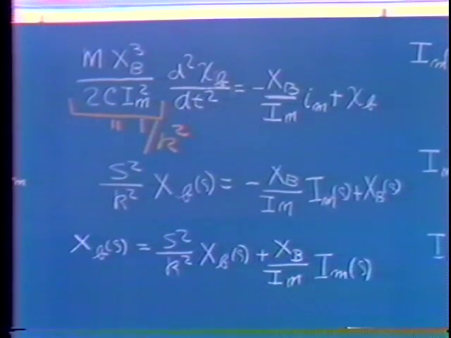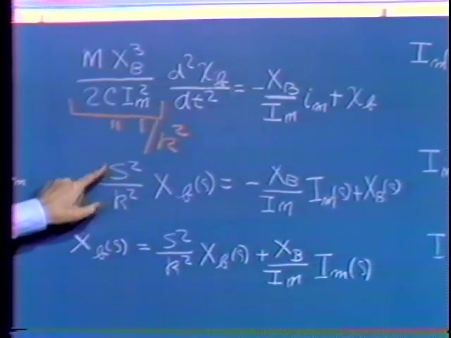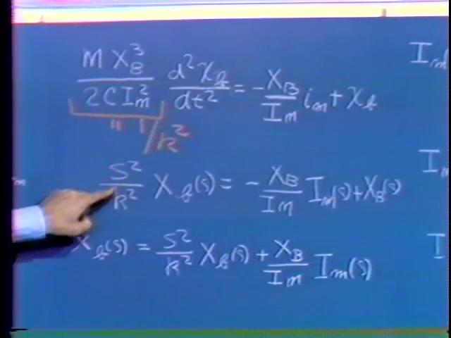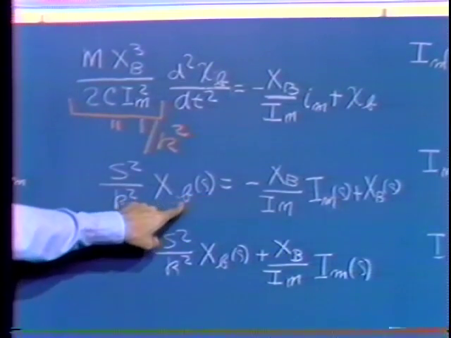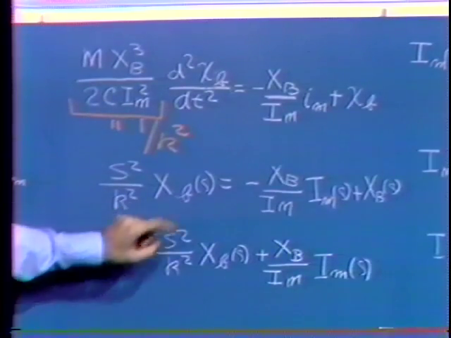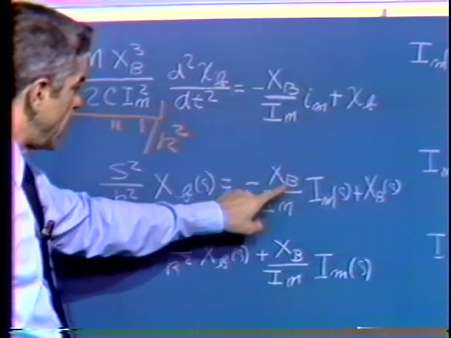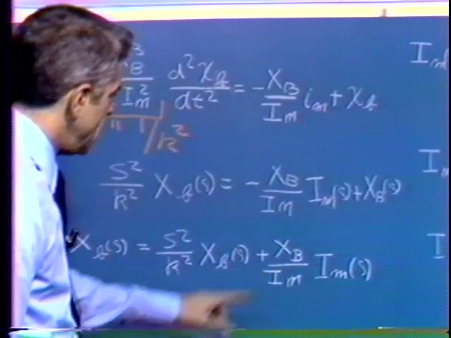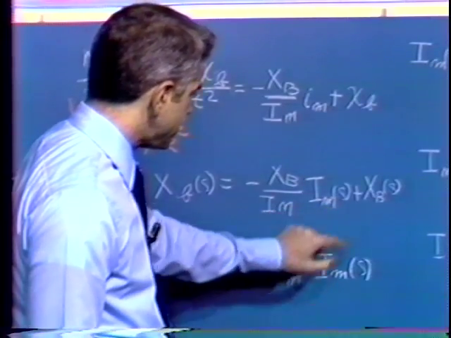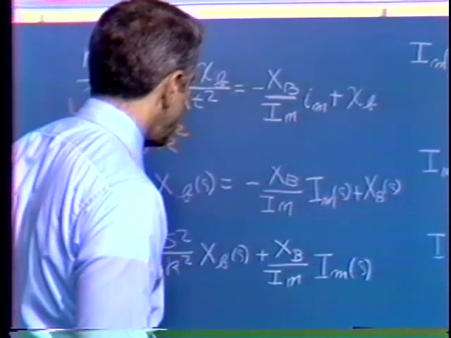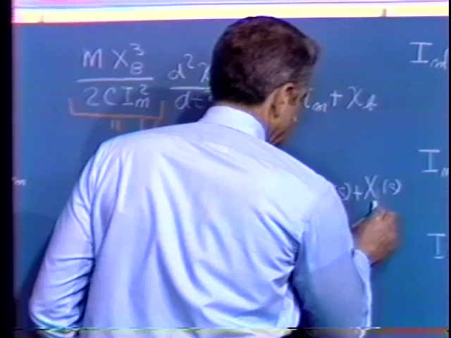If we combine those operations, that simplification as well as the derivative and transforming, we end up with an expression s squared over k squared times x sub b of s, capital X sub lowercase b, the Laplace transform of the ball position, or the incremental component of the ball position, is equal to minus x_b over I_m times the transform of incremental changes in magnet current plus, again, x sub b of s. And in spite of my attempt to be very, very careful with this, this should be a lowercase b.